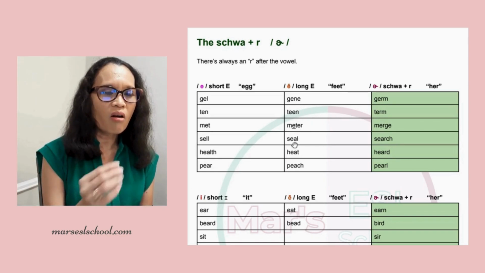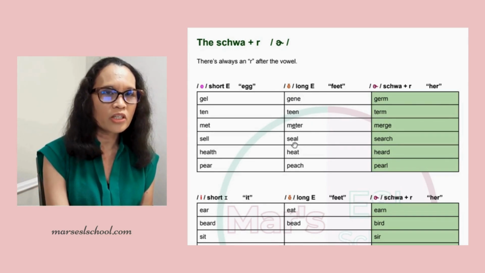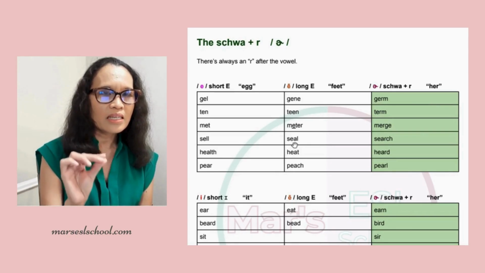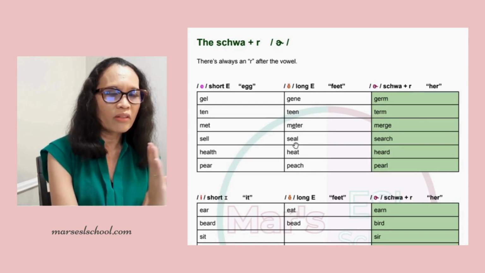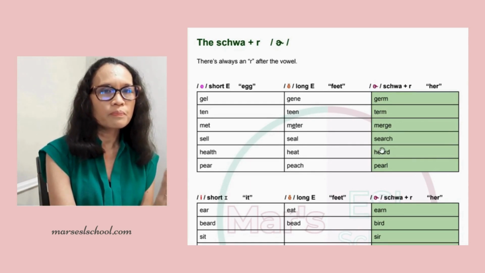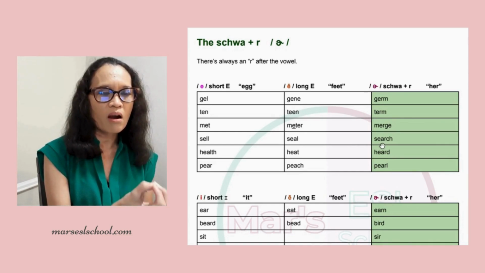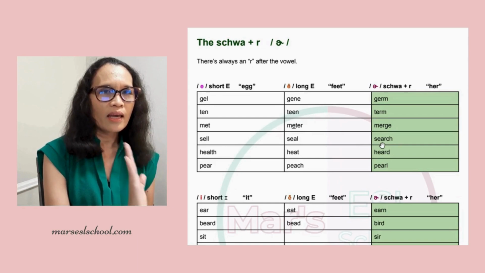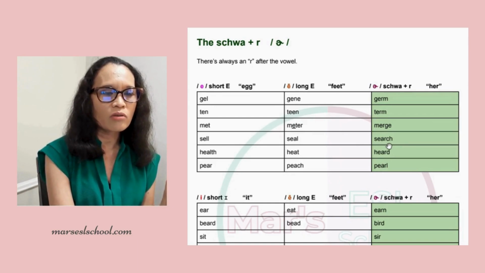So instead of a long E sound for this particular spelling with EA in the middle, seal, when we go over here, when there's an R after EA, the vowel sound changes, and now it's a schwa+r, and it's search. So you don't want to say seerch, but it has that very heavy R sound, the schwa+r, search.